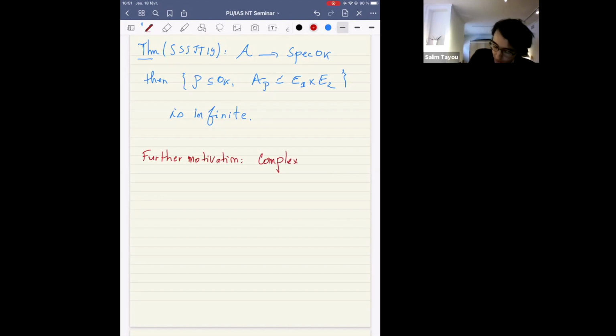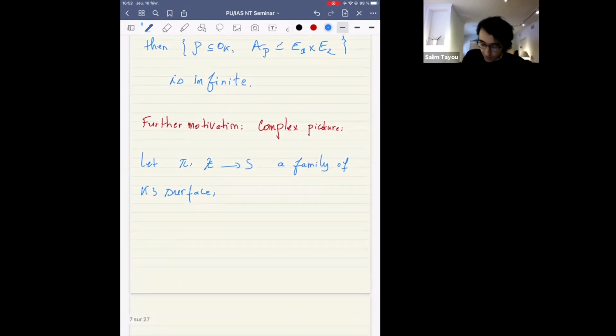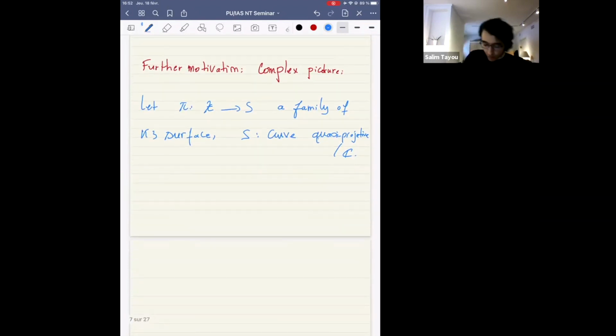So I'll talk a little bit about the complex picture. For this, let's consider a family of K3 surfaces. Now, X and S are complex varieties, and assume for simplicity that S is a quasi-projective curve over C. For little s in big S, we denote by rho(s) the rank of the Picard group of the K3 surface which is the fiber of this family at little s.